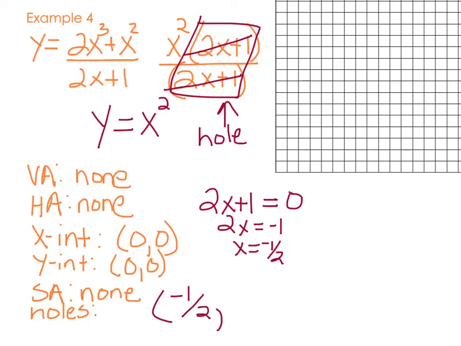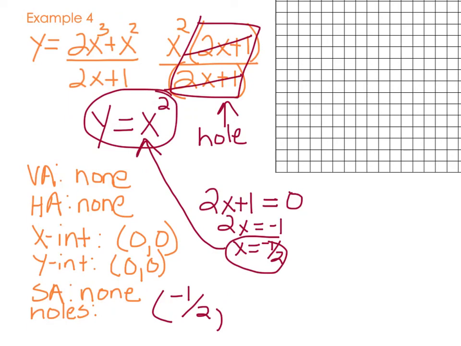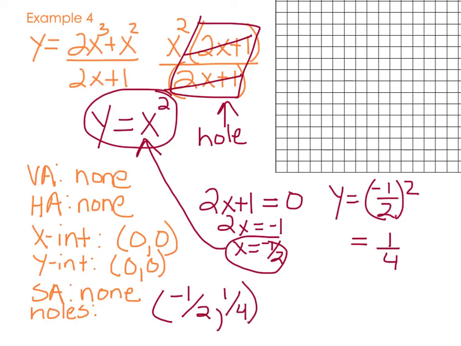So to find the y-coordinate, you take this x value and plug it in to the remaining equation. So if I said y equals (-1/2) squared, I'd get +1/4. So your hole is at -1/2, +1/4. It's a point.